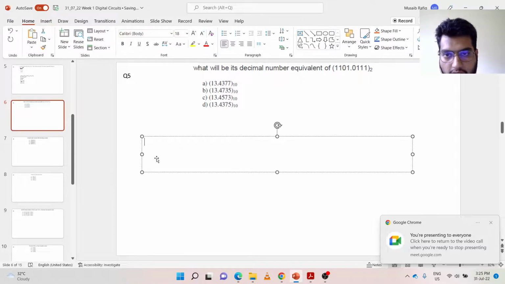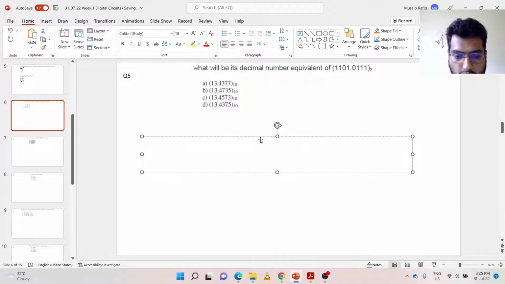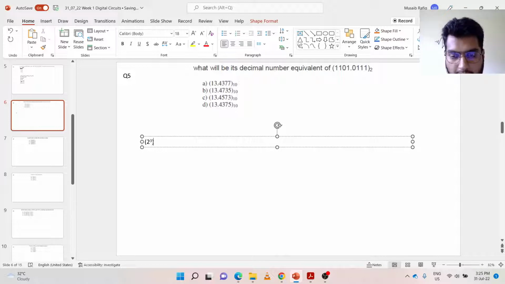So here it is 0, 1, 2, 3. So 2 to the power 3 multiplied by 1, plus 2 raised to the power 2 multiplied by 1, plus 2 raised to the power 1 multiplied by 0, plus 2 raised to the power 0 multiplied by 1.